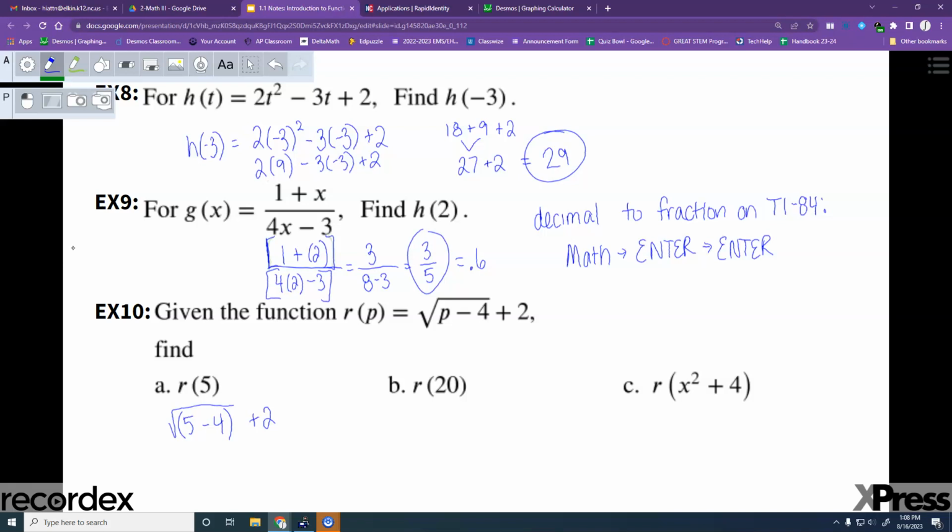So 5 minus 4 is going to give us 1. What is the square root of 1? It's just 1. So we got 1 plus 2, and that's just going to give us 3. So 3 would be our answer for part A.